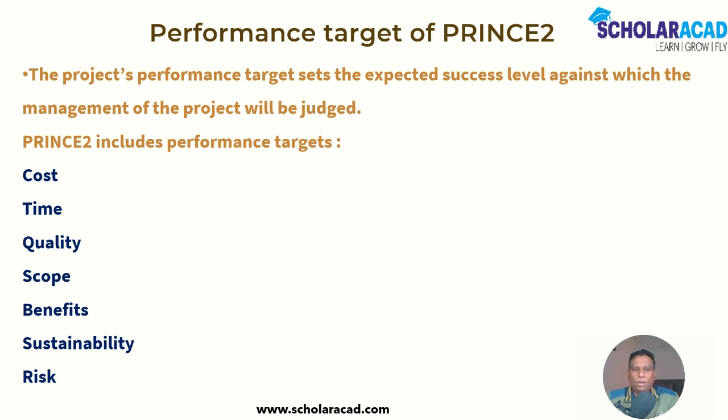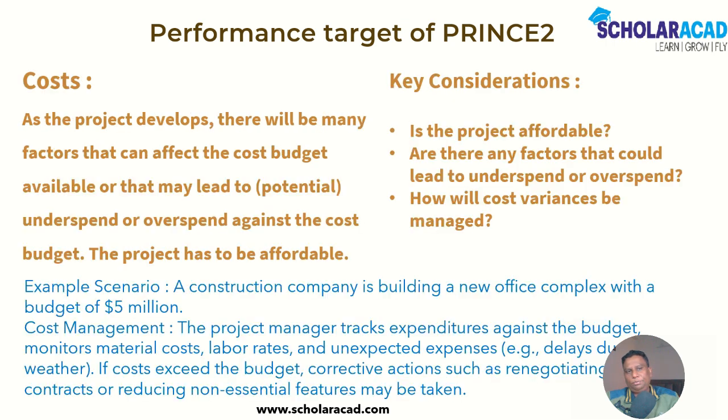The project manager needs to make sure these performance targets are defined for the project and managed effectively and efficiently. Let's go through each of the performance targets one by one.